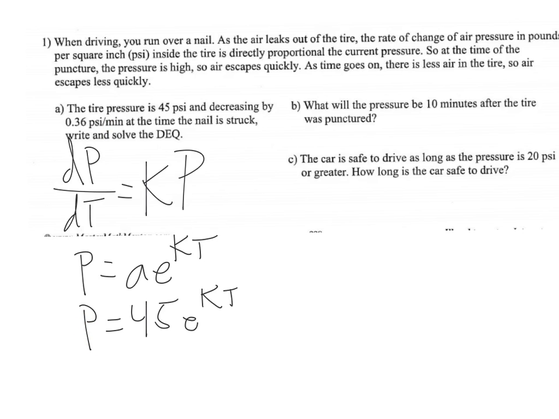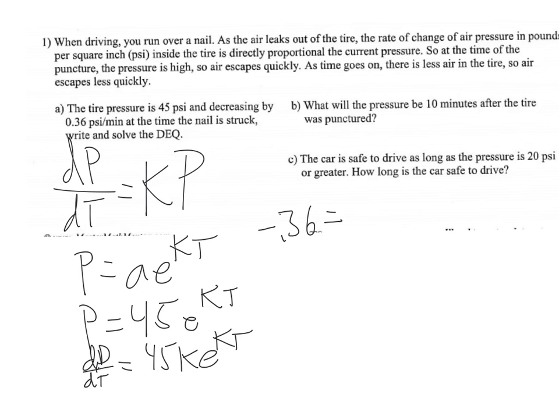So the way I did this is I took the derivative of this p function. So dp/dt equals 45 times, remember the derivative of e to the kt is k times e to the kt, so 45k e to the kt. And then I used this 0.36, and I know it's negative.